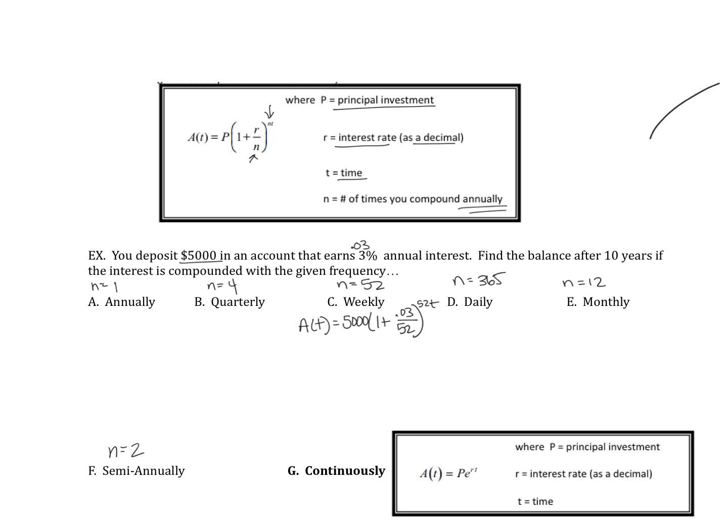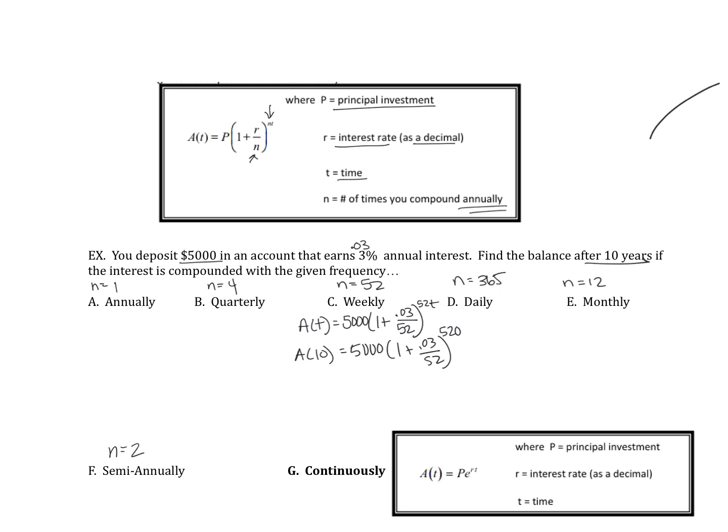And they asked to find the balance after 10 years. So A of 10 is going to be 5,000 times 1 plus 0.03 divided by 52, and that's 52 times 10, or 520.